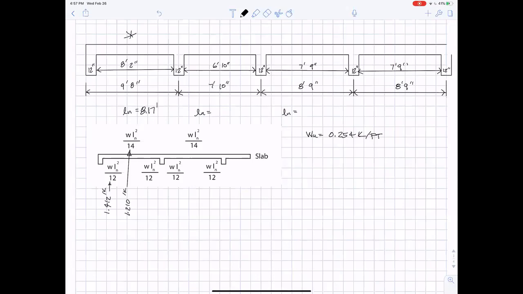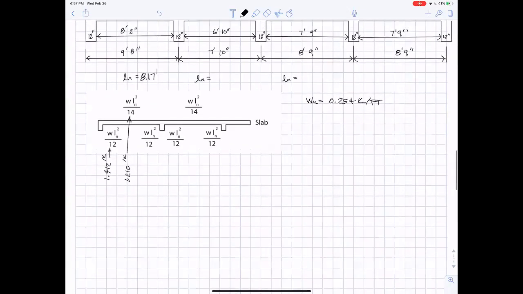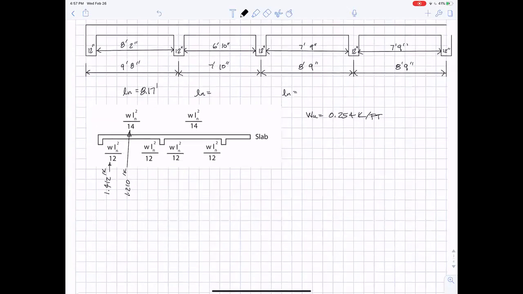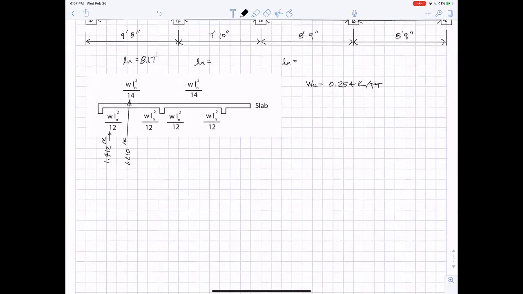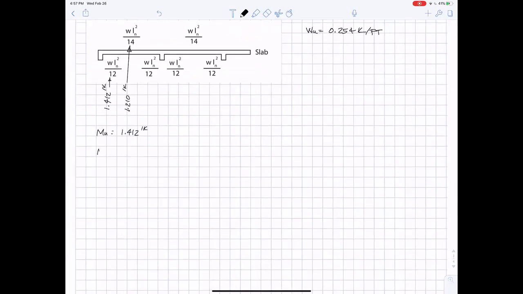Okay, so we have the moments. I'm going to do the biggest one and pick the steel out, and we'll go from there. So MU is 1.412 foot kips. MN required is just MU over phi, and I'm going to switch it to inch kips.